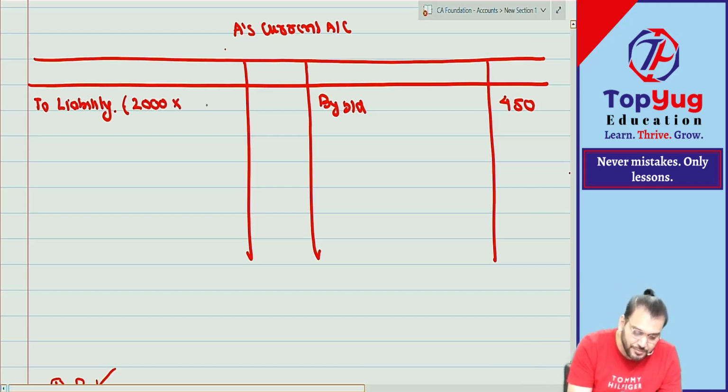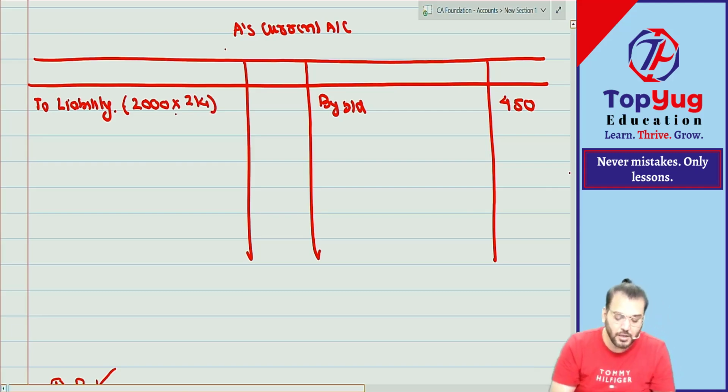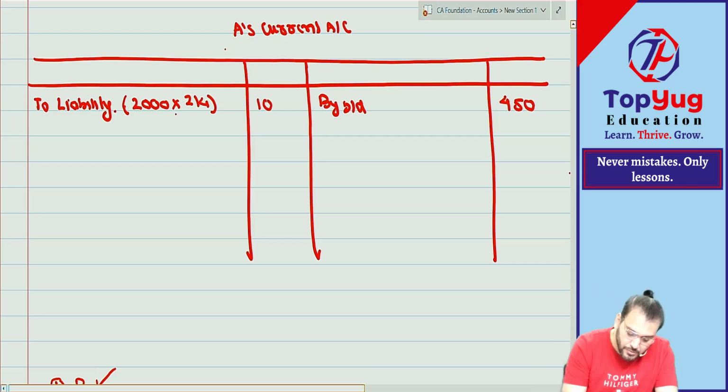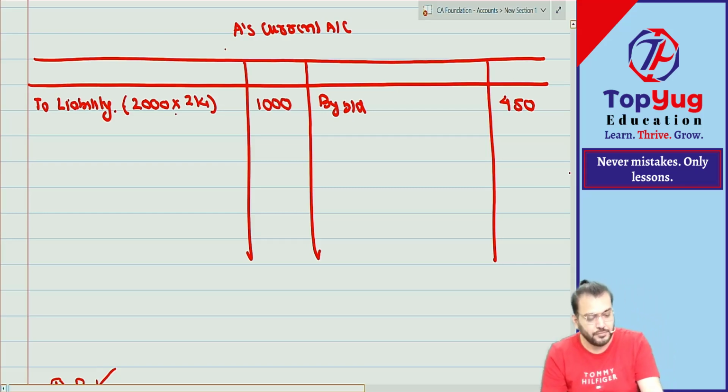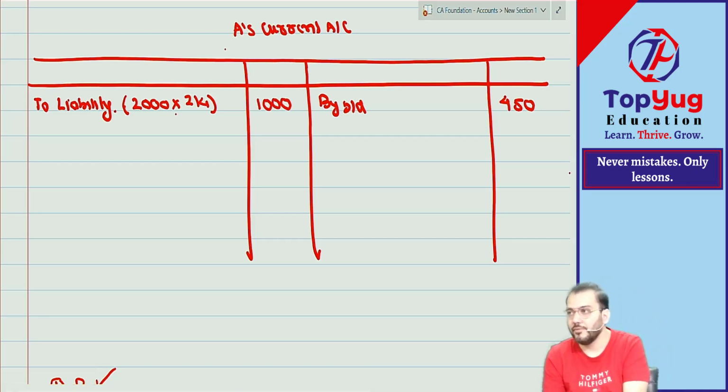What is A's share? 2 by 4, or 1 by 2 you can say. How much? 1000. Correct. Any doubt?